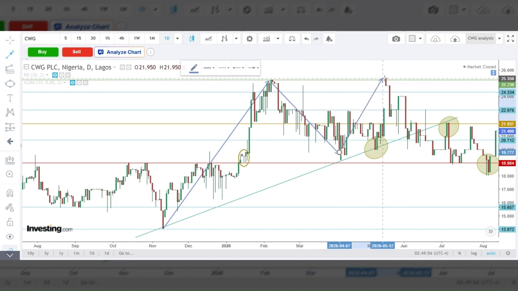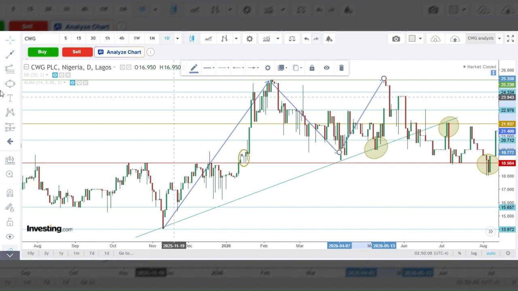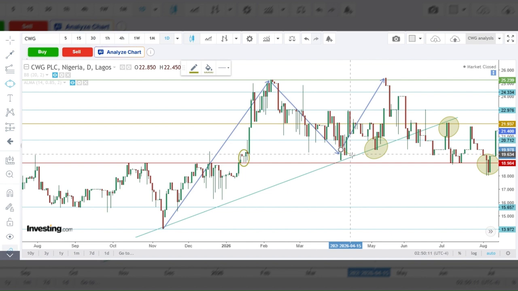And as you can see, as it went back up, it formed different engulfing bull candlestick patterns, even at this place. Let me put a quick circle there so you can see what I'm talking about. Even at this place, to show that this market is going to go up.